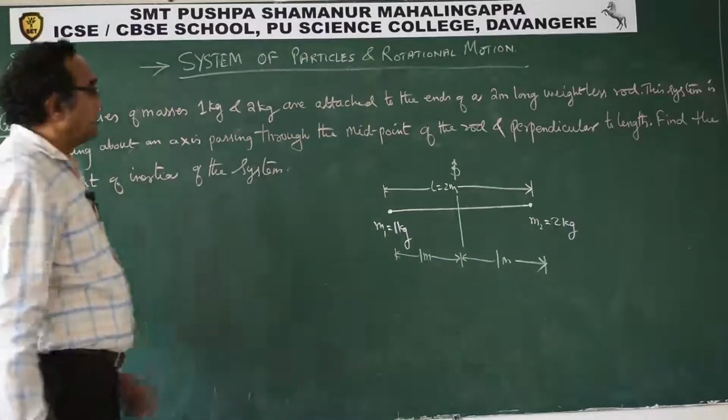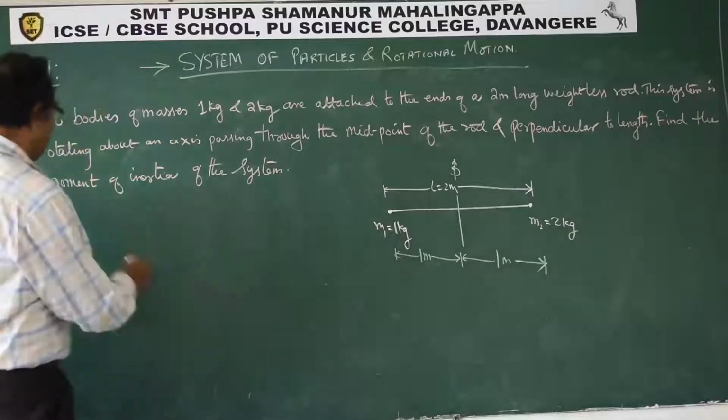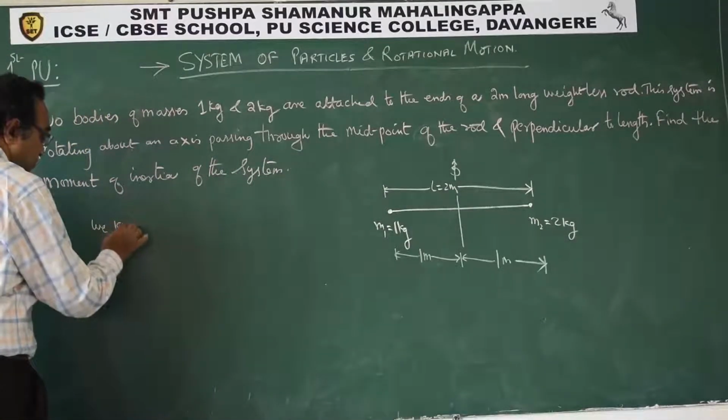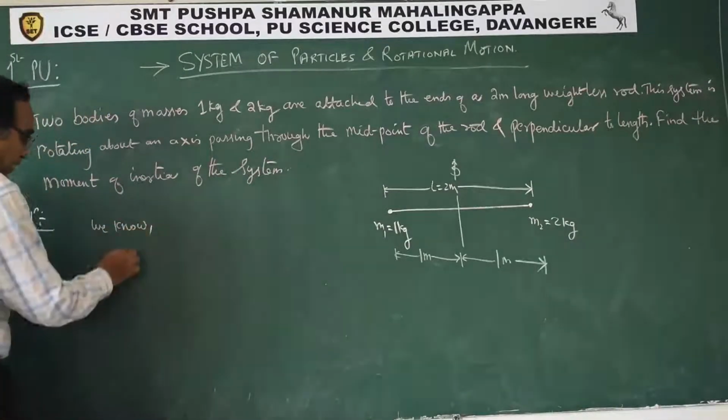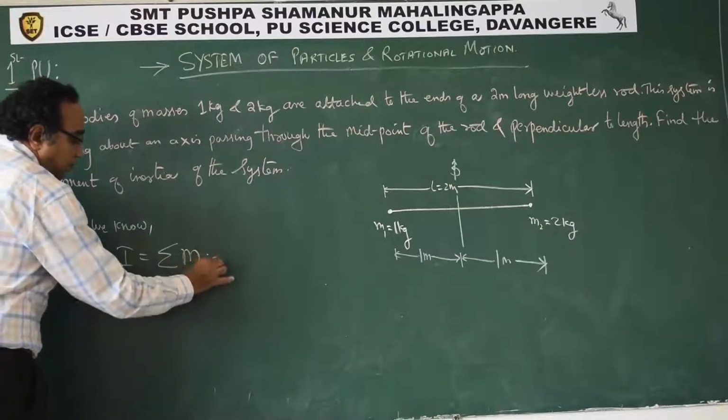Now we have to find the moment of inertia of the system. So we know I is equal to sigma of m_i r_i squared.